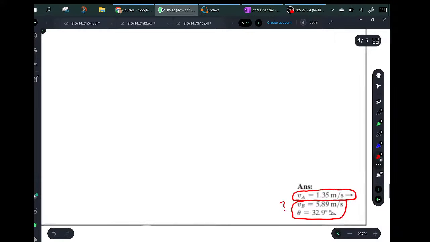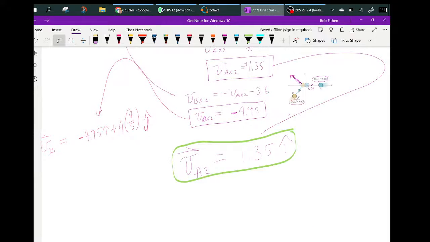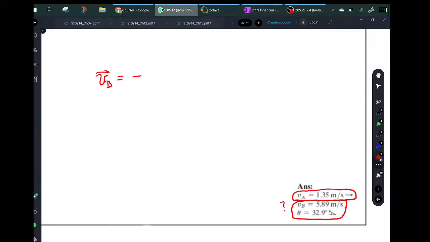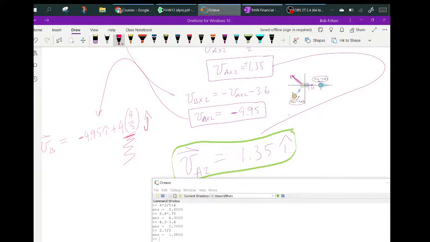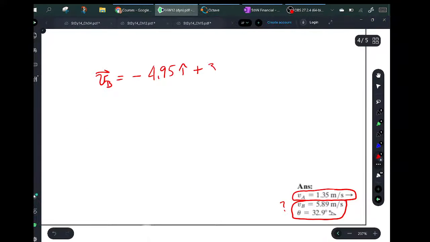What we got, velocity B was minus 4.95 i plus, and instead of entering this, let's see if we can figure out what that is. 4 times 4/5, 3.2 j.